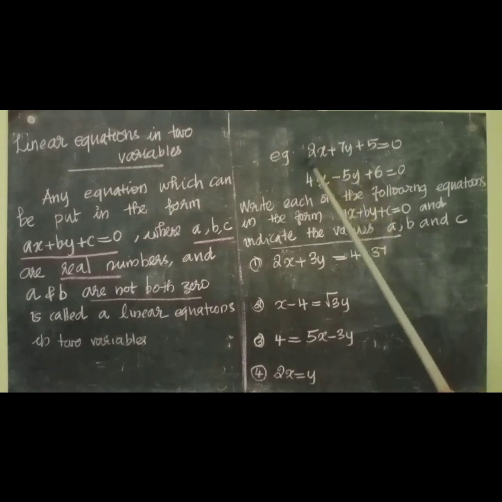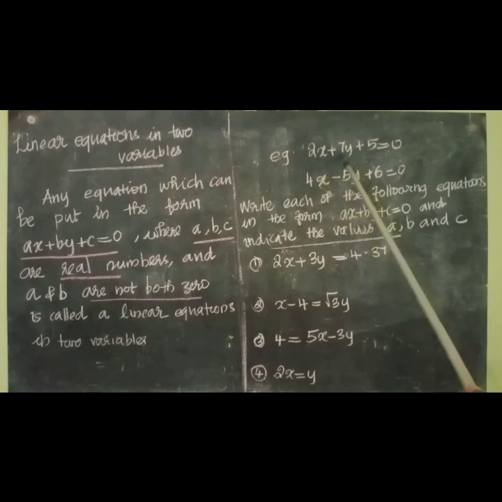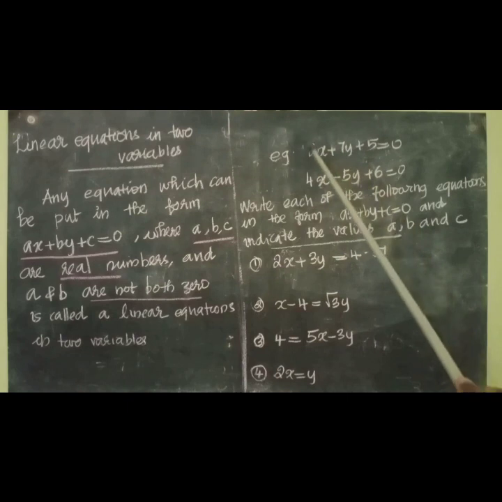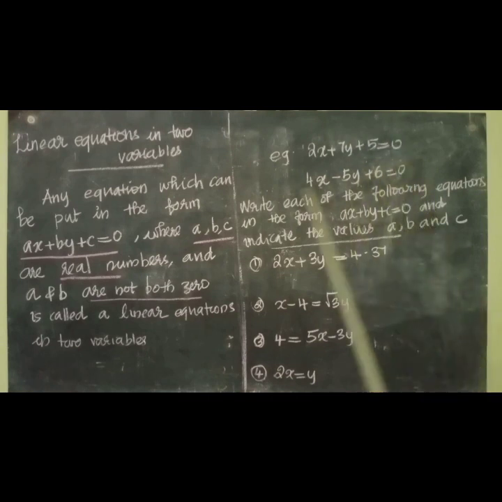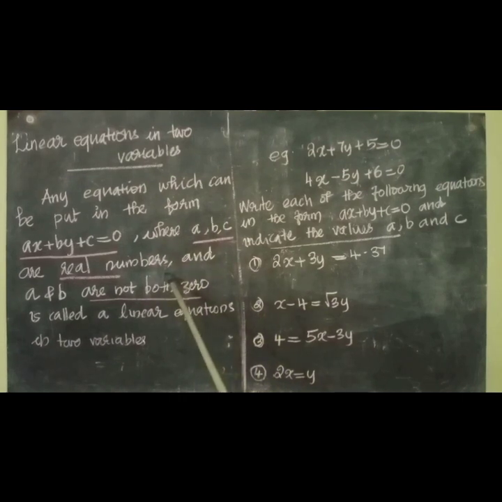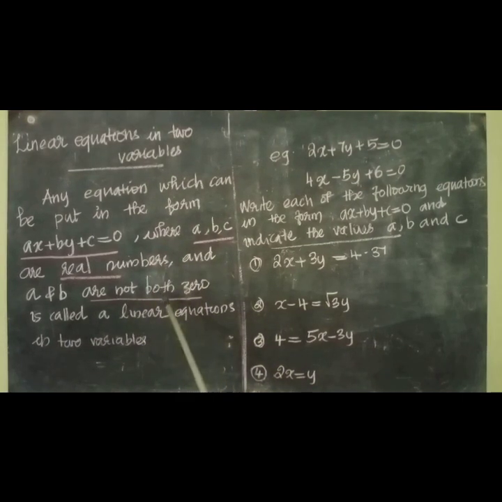The coefficient of x is 2, the coefficient of y is 7. These coefficients cannot be 0. So 2x plus 7y plus 5 equal to 0. The general form of a linear equation is ax plus by plus c equal to 0, where a, b, c are real numbers and a and b are not both 0.